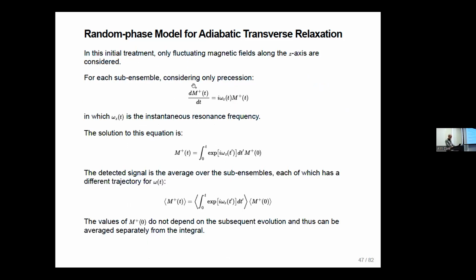So here's what a given box does. We just have the precession equation. The time dependence of the M plus magnetization depends on the instantaneous frequency. And I can just have Mathematica integrate that for me. And here's the answer. And now I just have to average over all the boxes, and I have the behavior of magnetization.